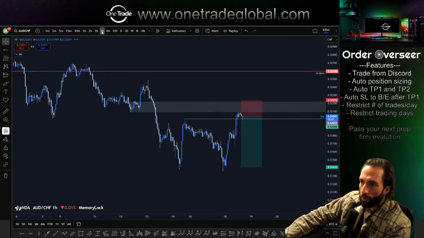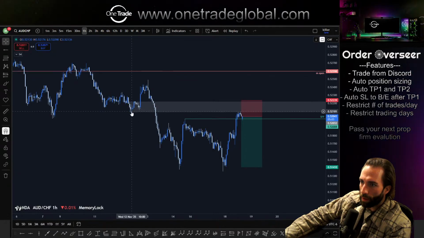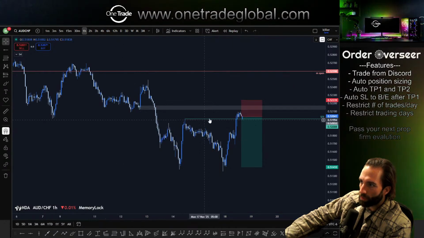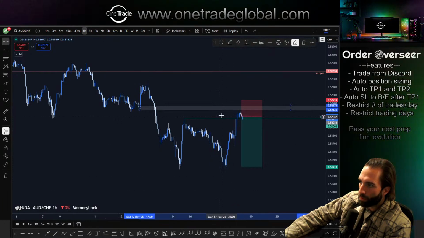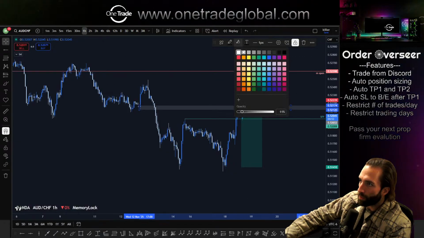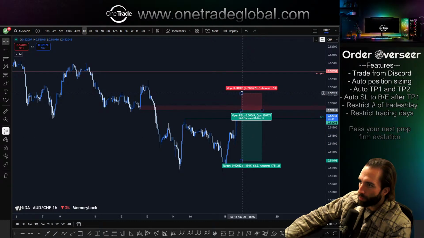Why do I have this whole thing? Let me look. Oh, it is because of that. Okay, let's narrow that down. Like this level. Specifically this level. And in fact, I wonder on a low enough time frame if I could capture something off of this level. So we'd look for a sweep.